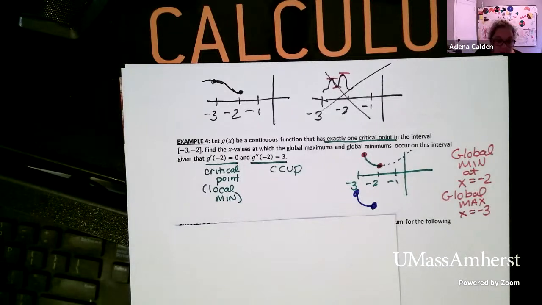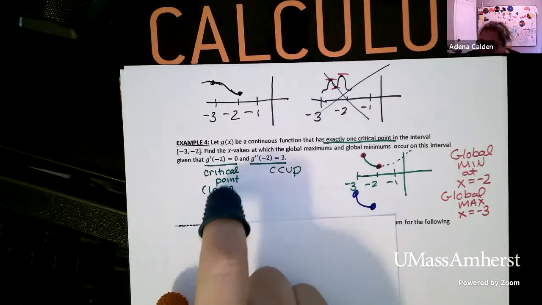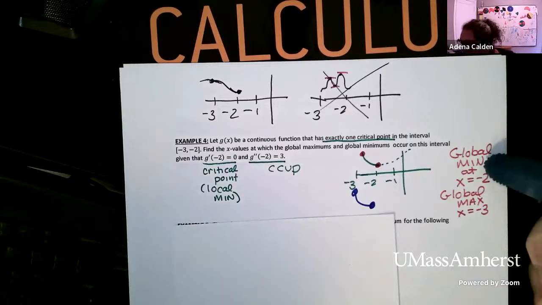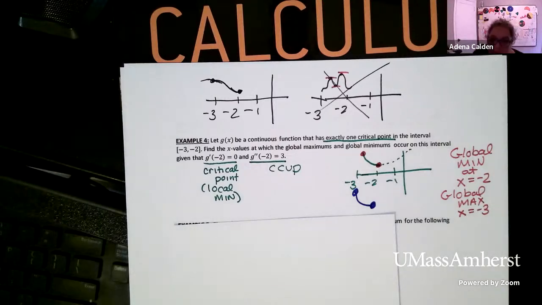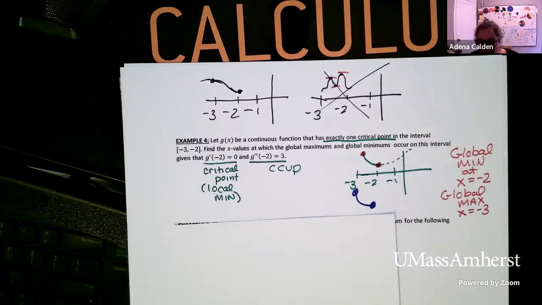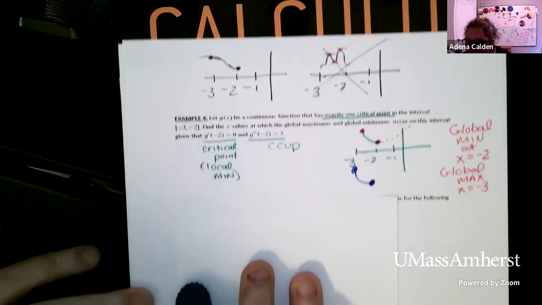So any graph that you are able to draw that satisfies that we only have one critical point, that we're concave up at -2, and that this critical point is a local minimum, will result in an end result that the global minimum has to happen at x equals -2, and that a global maximum is going to have to happen at -3. Okay, so trying to graph some different scenarios always helps me sort of figure out what's happening. So hopefully that helps you understand why that must be true.